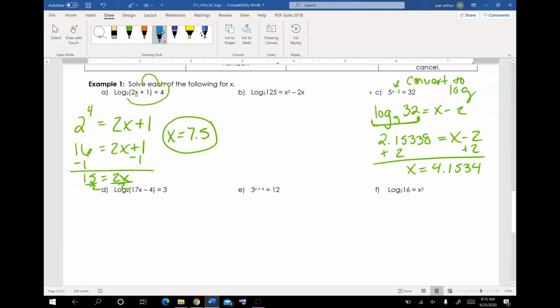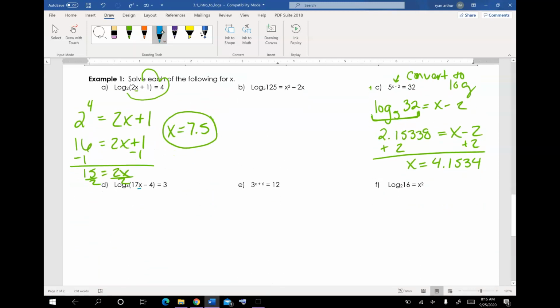All right, so let's do another converting one before we get to the evaluating ones. If you look here, my x is inside my log, so I've got to convert. It's just like Please Excuse My Dear Aunt Sally: you can't touch anything inside the parentheses unless you get rid of the stuff on the outside, and I can't get rid of the stuff on the outside until I convert.